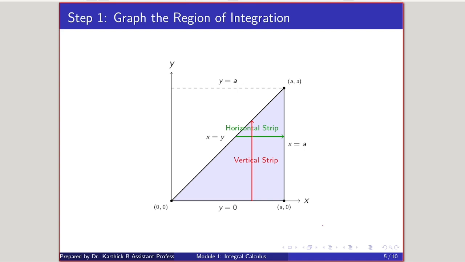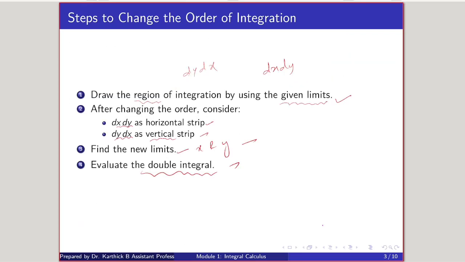So after changing, it will become dy dx. Dy dx means we have to choose a vertical strip.